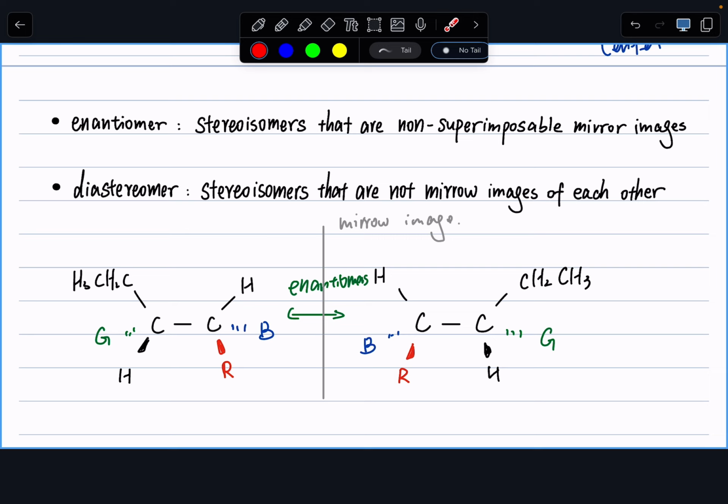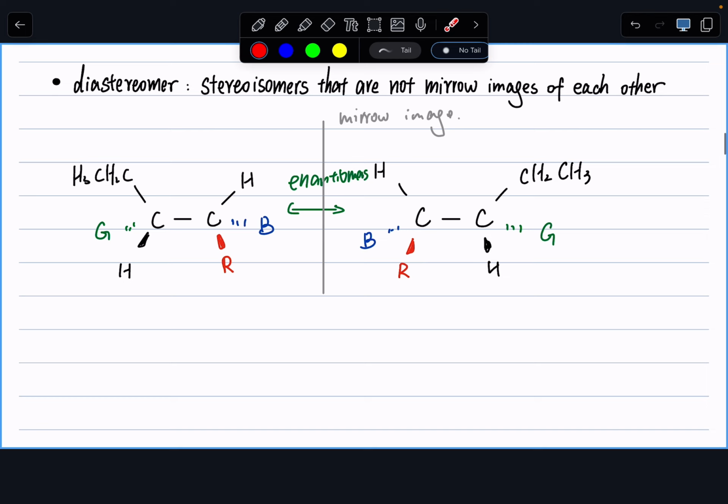But when you have more than one stereocenter, they can be stereoisomers yet not mirror images of each other, making them diastereomers. So what does that mean? I'm going to keep my left molecule unchanged, and let's say I just manually switch the position of my green group and then my ethyl group. So it will become this kind of conformation.